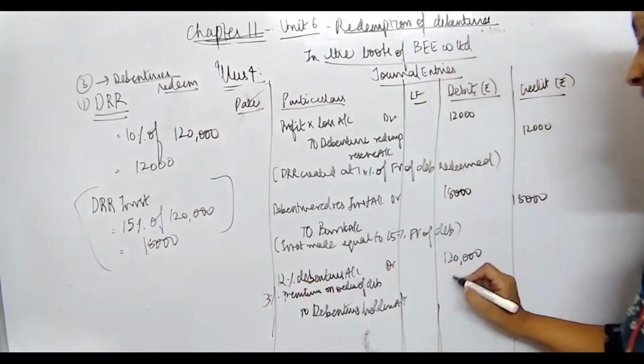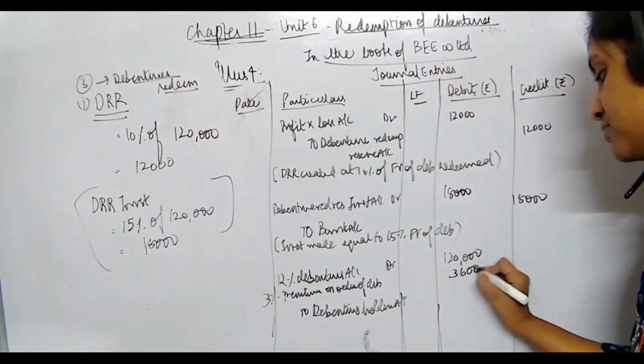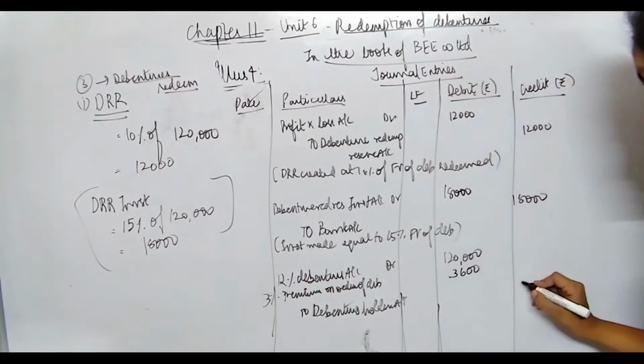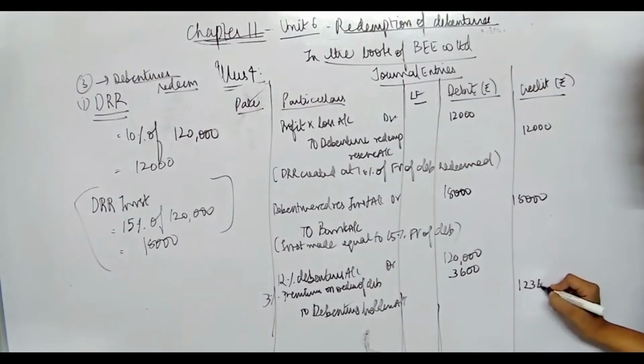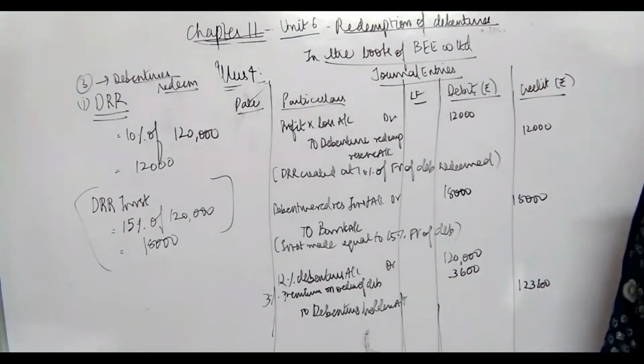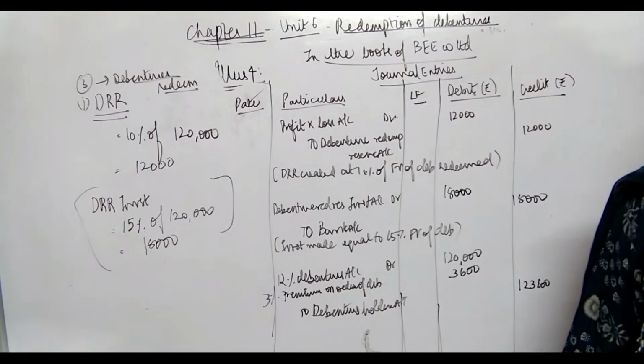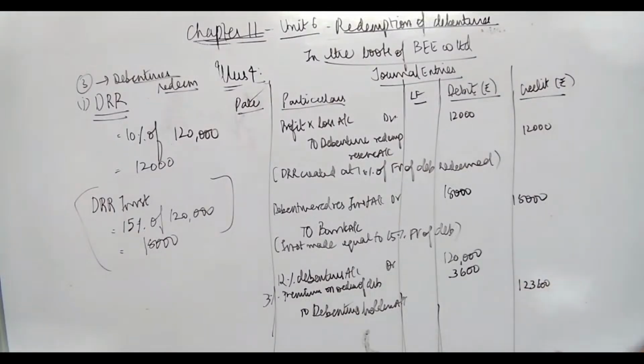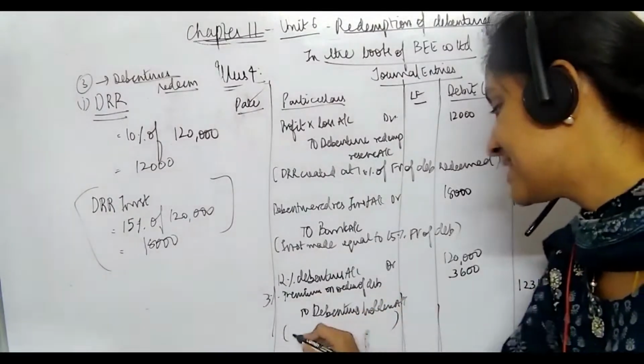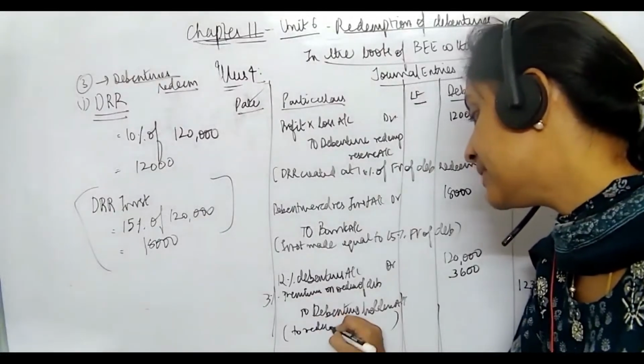On 1,20,000, 3% comes to 3,600. What is the total value these debenture holders will be getting? They will be getting 1,23,600. So this is when you have decided to redeem the debentures.